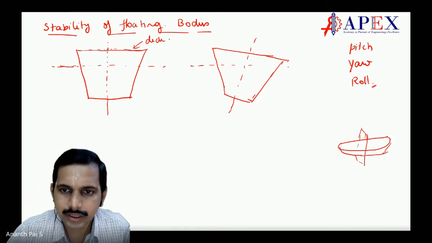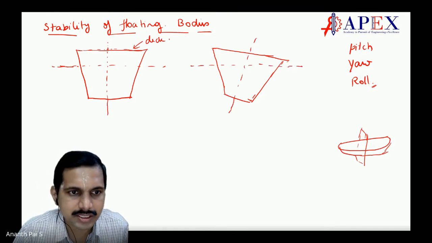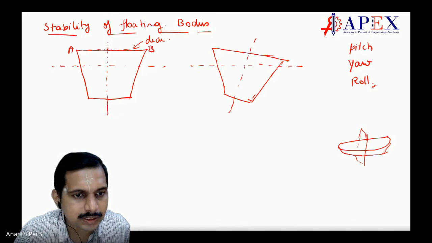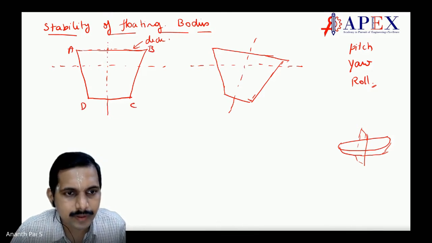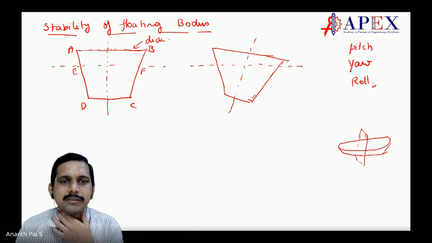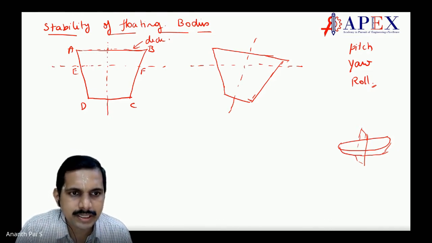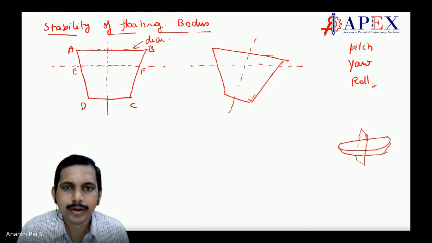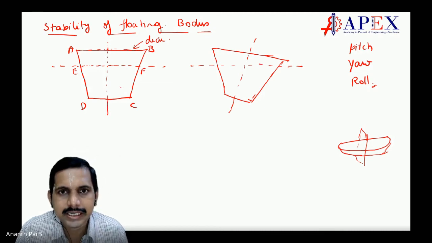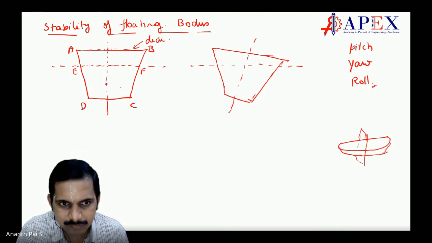Now, if I consider here, let this be A, B, C, and D. And let this be the free surface of water, EF. EF represents the free surface of water. Now, where is the center of buoyancy? Center of buoyancy generally will be the center of this part, the center of E, F, C, D. The center of that would be the center of buoyancy, correct?